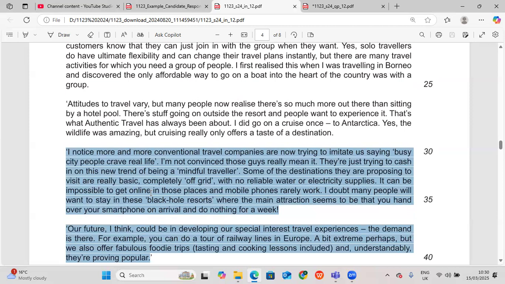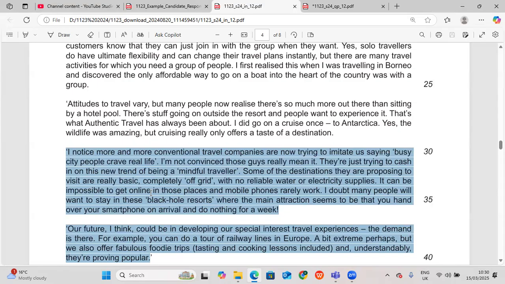Whereas, he says the future is different. People want to travel to places and experience, such as a tour of railway lines in Europe, or maybe extreme sports. Maybe they want to experience fabulous food trips, right? Because they are more popular than staying in a black hole resort.